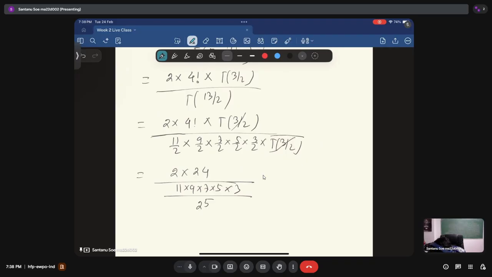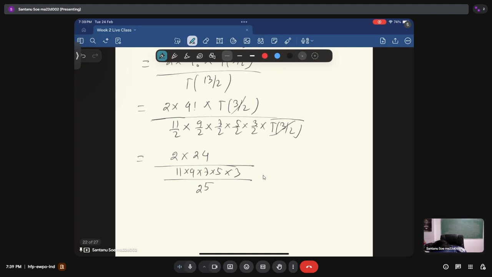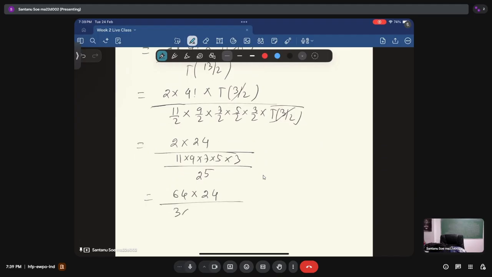Okay, so this should be 64 multiplied by 24 divided by 3 into 5 into 7 into 9 into 11.